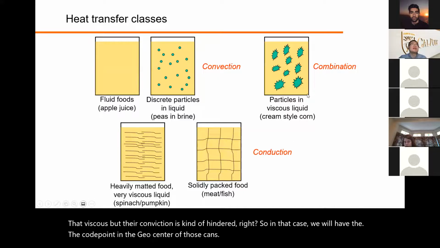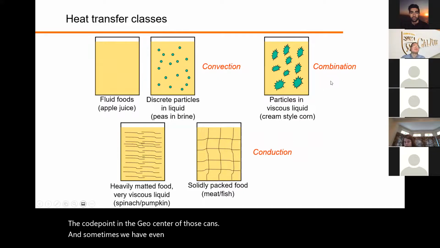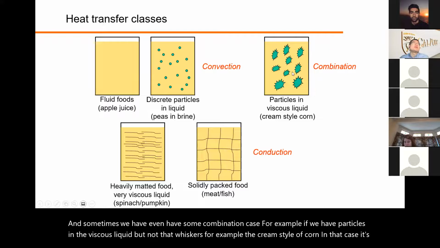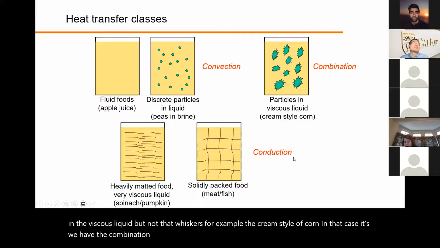And sometimes we even have a combination case. For example, if we have particles in a viscous liquid, but not that viscous, for example, cream-style corn, in that case we have a combination of conduction and convection, but the convection is not very extensive.